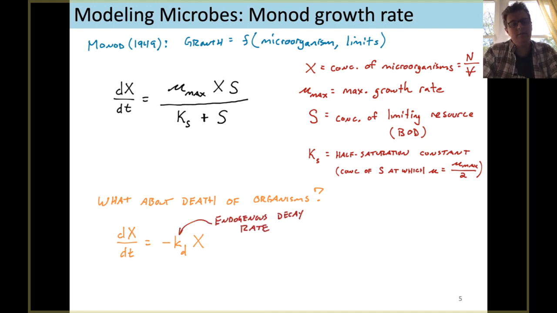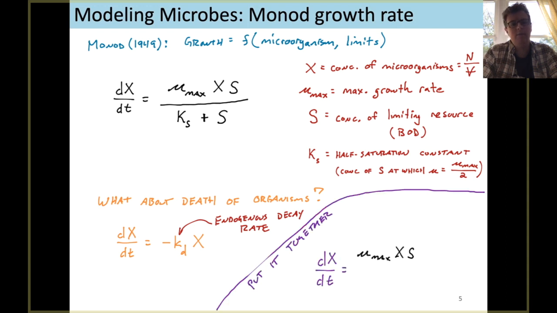And this is called an endogenous decay rate, but for our purposes we can think of it as a death rate. And so what is the net growth of microbes? Well, we can put those two together. It's the growth in black minus the death shown in orange. And so this would be the application of Monod kinetics to describe microbial population growth and death.